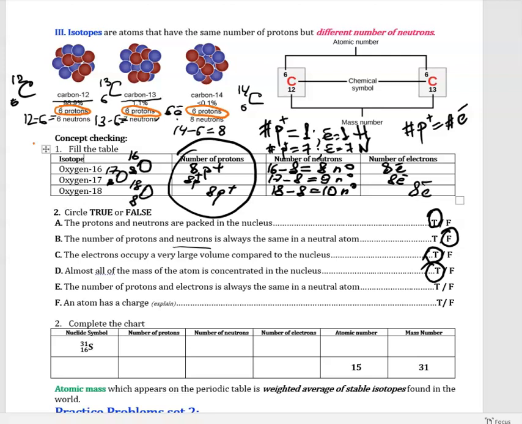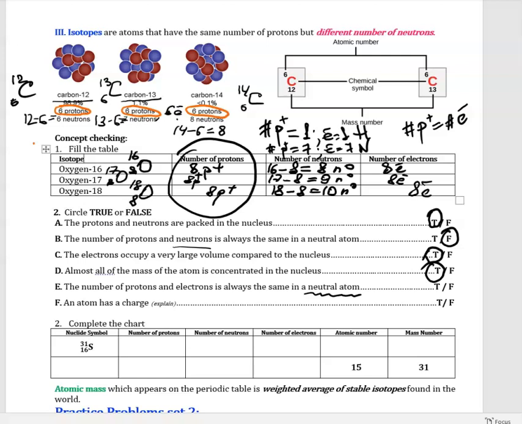The number of protons and electrons is always the same in a neutral atom. Yeah, neutral atom. I put these words, neutral atom, on purpose. For scientists, it's like saying oily oil, or wet water.